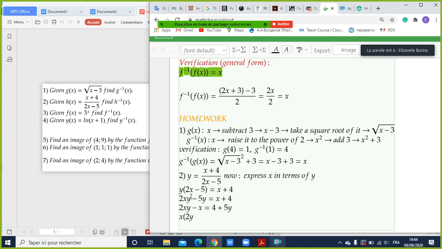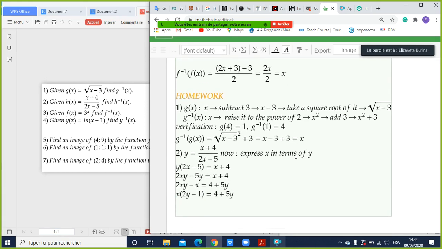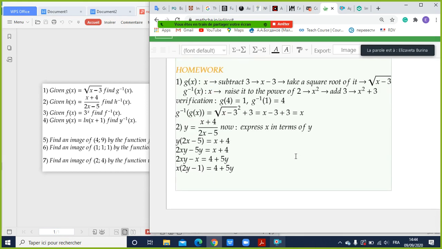So we get 2y minus 1, and here we get our 4 plus 5y. Okay, great. Well, how do we get x? Now we have to divide both sides of this equation by 2y minus 1. And here we go, we get a fraction, and it looks like 4 plus 5y divided by 2y minus 1.